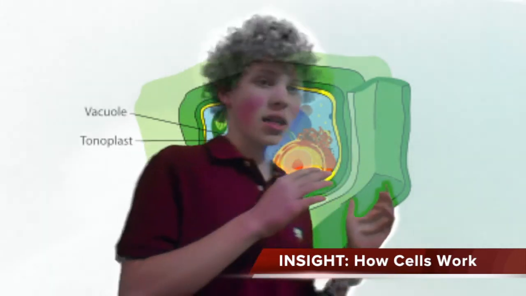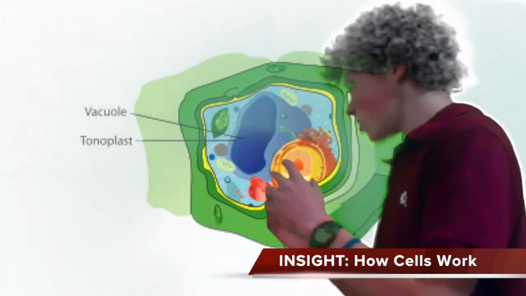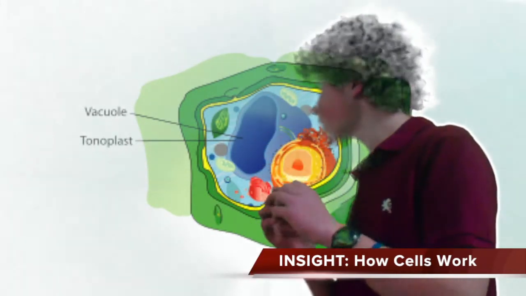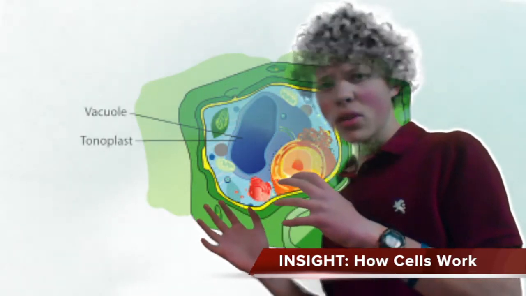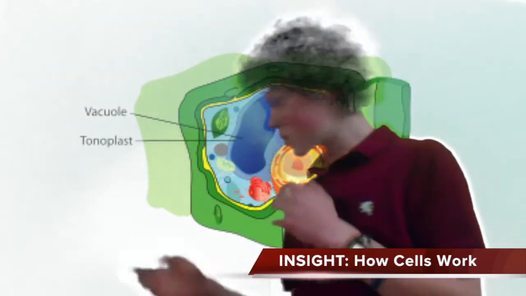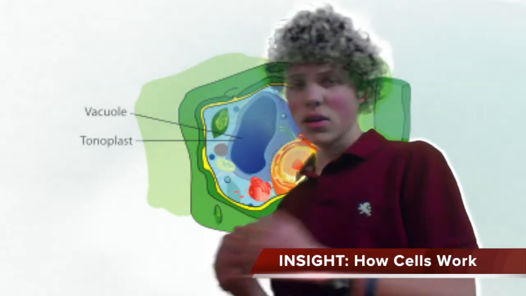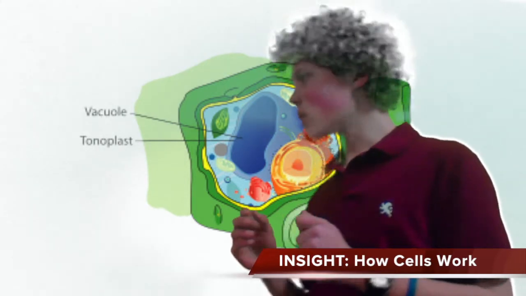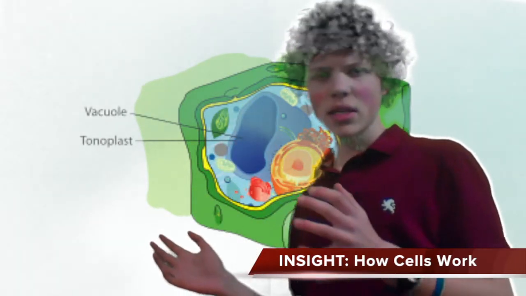Now, in the animal cell, it has multiple little vacuoles instead of a great big one. As a result of a great big vacuole, it means that in a plant cell, they would be a bit fragile and they could fall apart a lot more easily. So as a result, they've got a large tonoplast surrounding it.